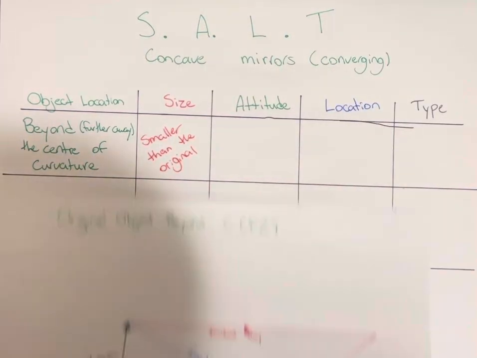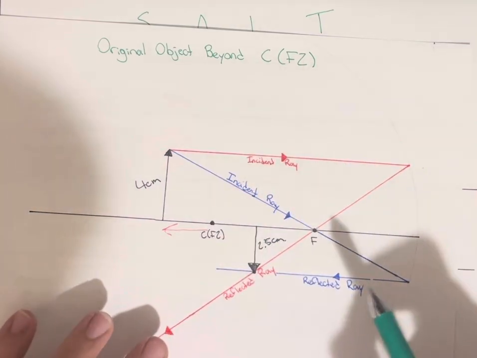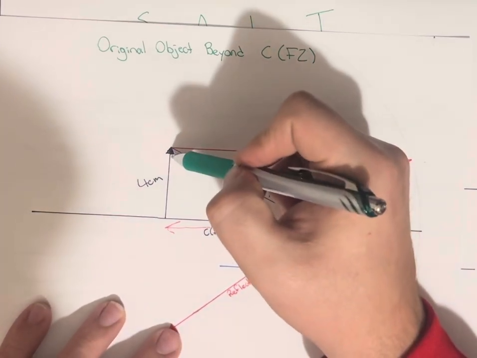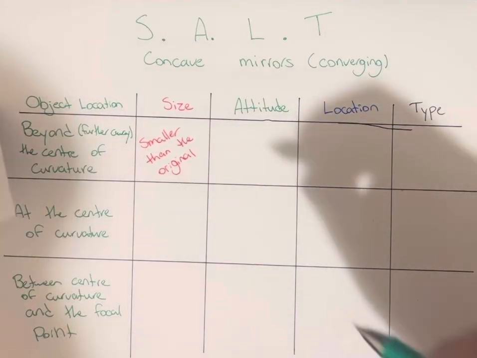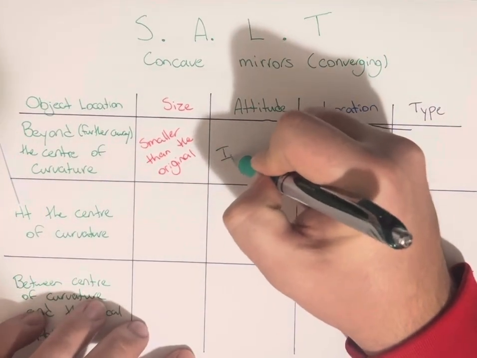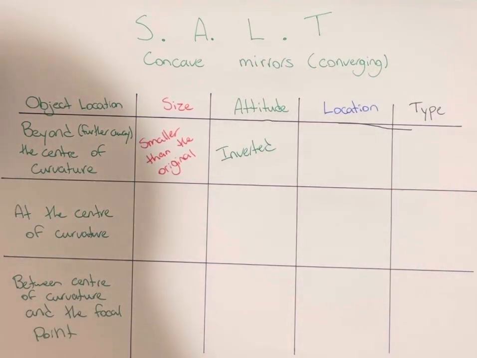If we start talking about attitude, every single time that we see attitude in these types of questions, we are going to see that the arrowhead is no longer pointing upwards. It is now pointing down, so the attitude is going to be inverted. And you will see that that goes the same for each one.